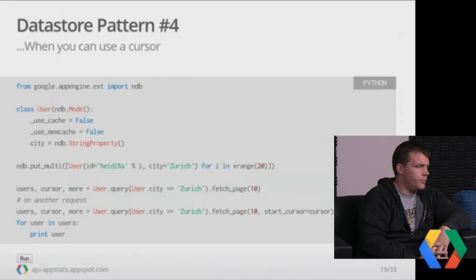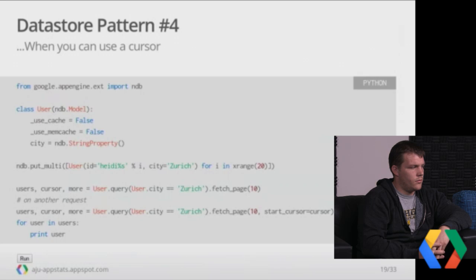Okay, so let's look at what's often the more preferred way to do it, and then we'll talk about why that is. Often it makes more sense to use a cursor. The way a cursor works is when you do a query, you can request back a cursor, essentially a pointer to where you were in the query, and you can use that for a subsequent query.